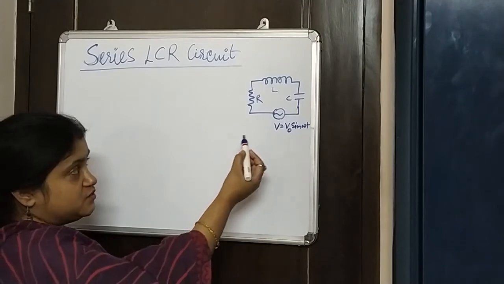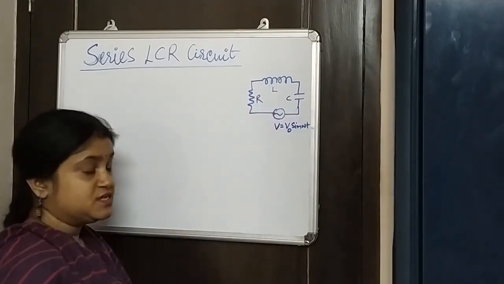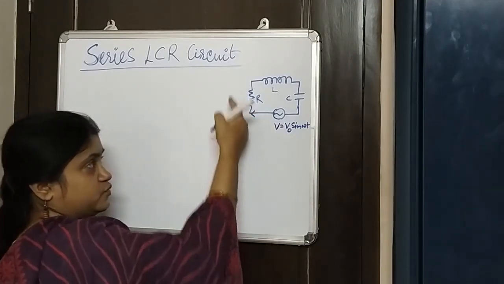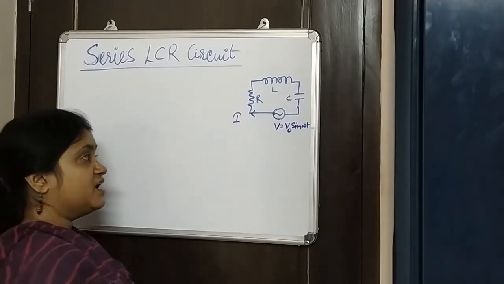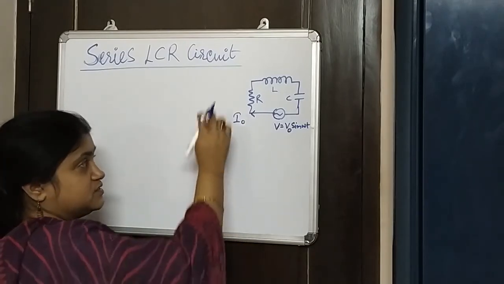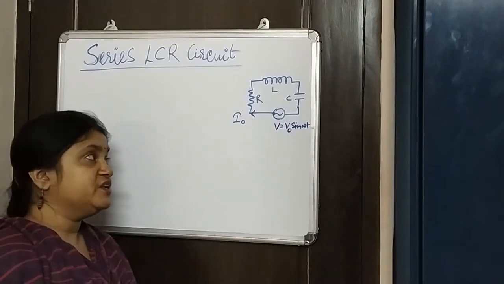As we know this voltage is the source, let's suppose current I is flowing through this particular circuit, and this current I has a peak value I0.